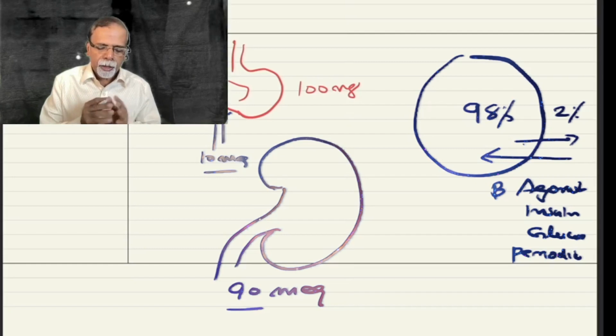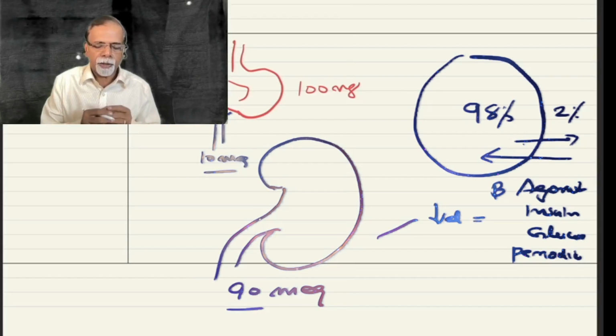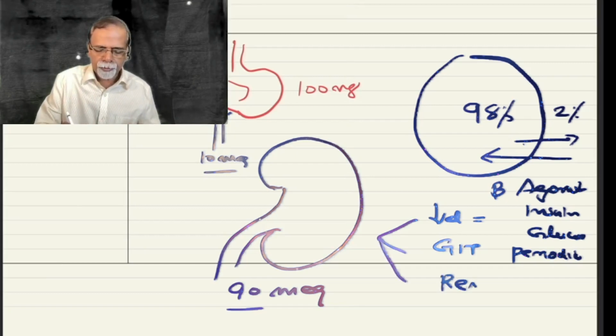So basically, hypokalemia is due to decrease in the intake. It's a very rare cause unless a patient is on Ryle's tube and not taking any food. Second is GI loss, that is diarrhea. And third is renal loss.